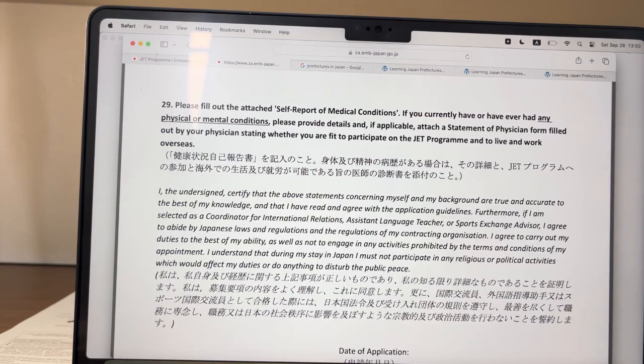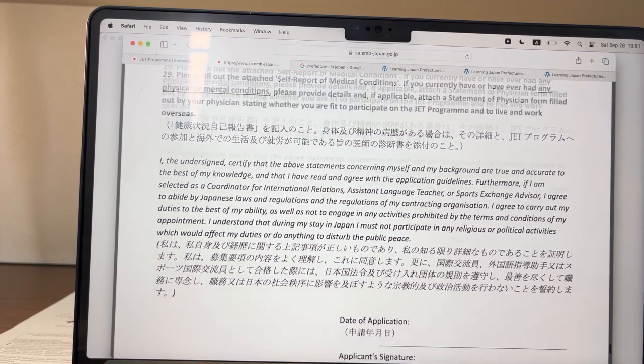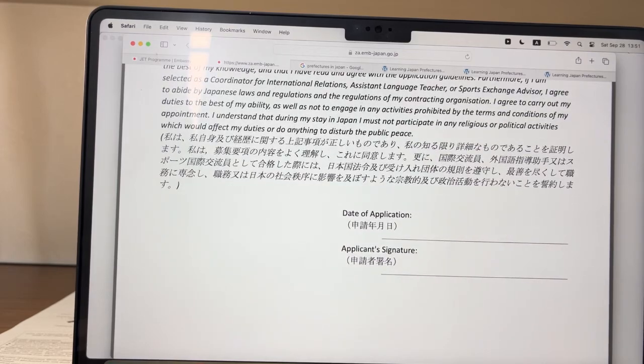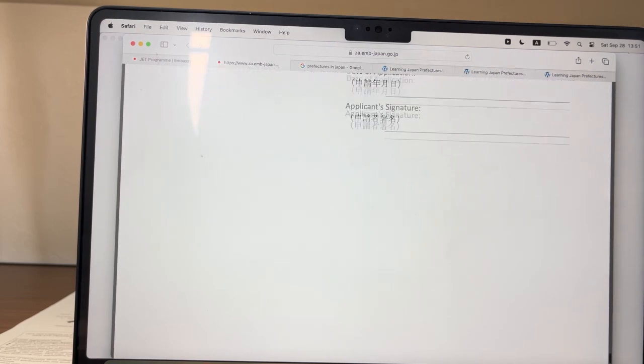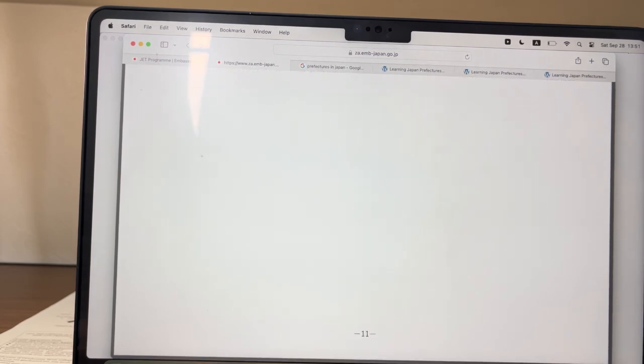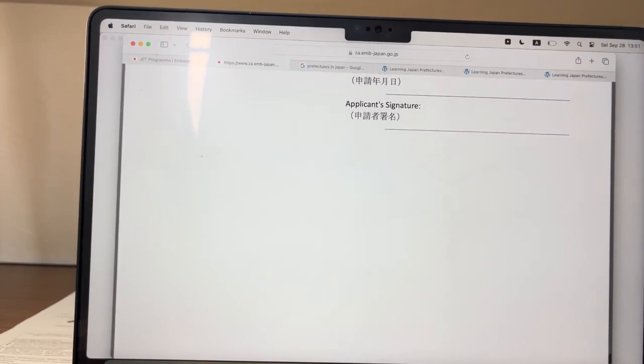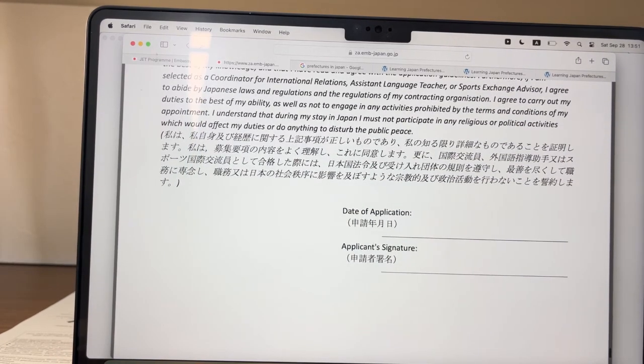I understand, certify that the above concerning myself and my background are true and accurate to the best of my knowledge, blah blah blah. Then date of application, you sign your date of application, and then your applicant's signature, you sign your signature, and voila, we are done.